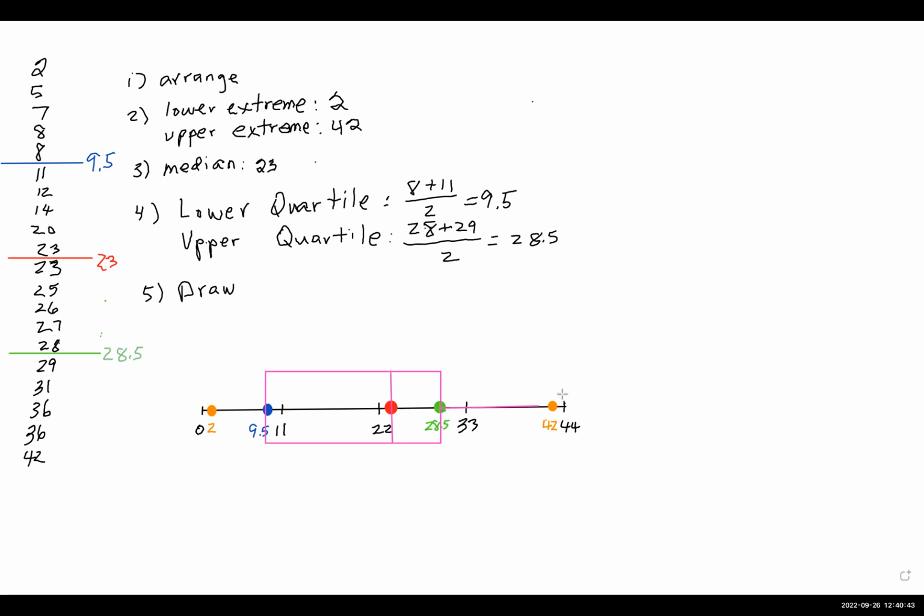So now you have your pretty little box, which shows you where the 50% of the data falls, and you can see it doesn't fall in the middle necessarily of the data. There's more smaller numbers than there are bigger numbers. So when it's offset to one side or the other, that tells you something right there.